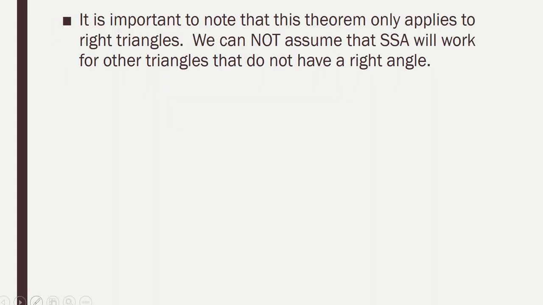Okay, all right, so I told you earlier it's important to note that this theorem only applies to right triangles. We cannot assume that side-side angle will work for other triangles that do not have a right angle. So for example, if I have a triangle that has a 45-degree angle, and one side is 5, and then I have another triangle with that same 45-degree angle and a side of 5, and then I have another side.